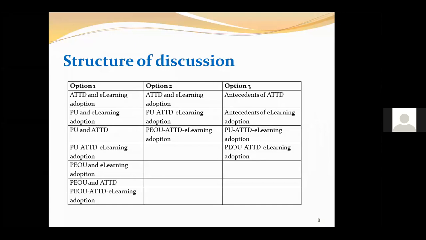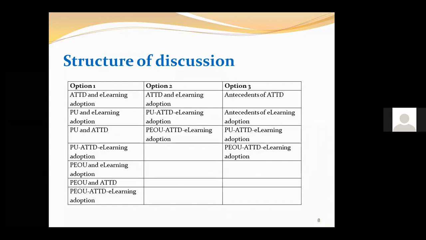But then there is the possibility of finding yourself repeating what you had already discussed on a certain particular hypothesis or research question. So if you are to avoid that repetition, you may go for option number two, where you collapse your presentation.